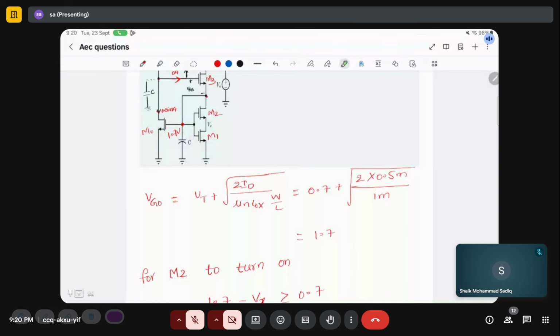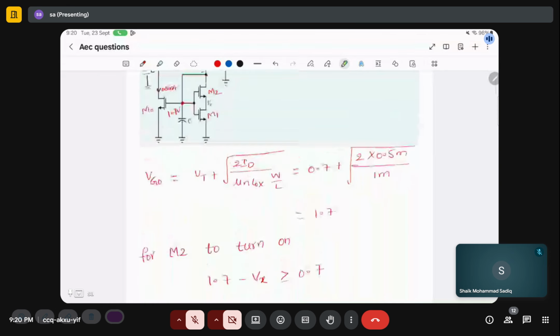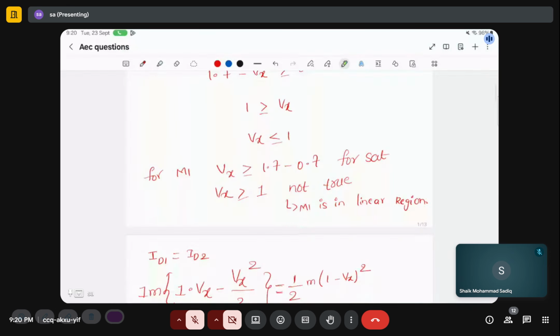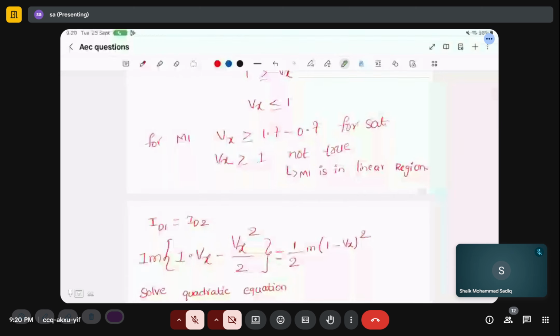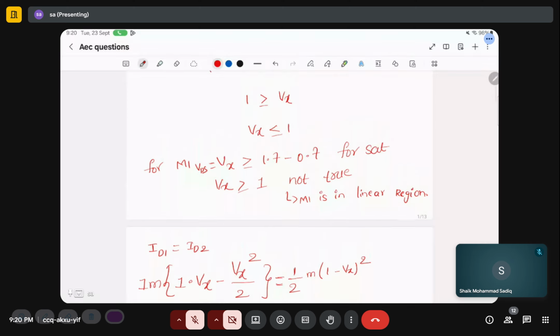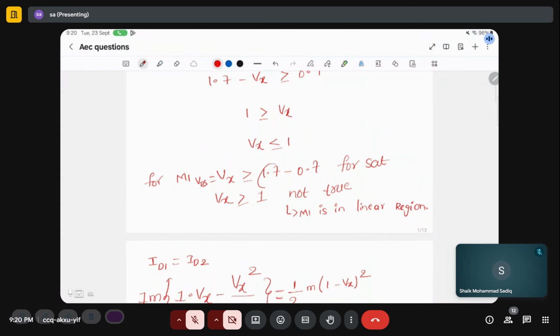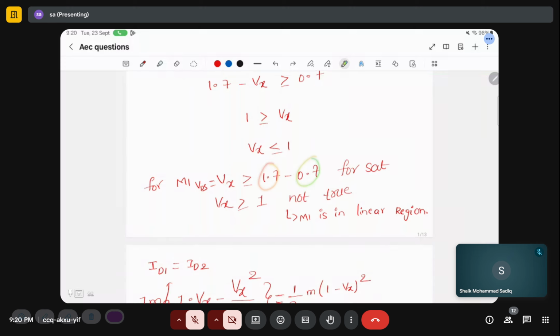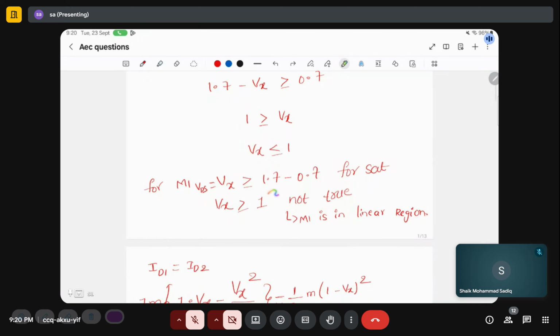For M1 to be in saturation, it has to satisfy the second condition: Vx should be greater than or equal to VGS minus VT. Here, Vx is nothing but VDS for M1. VGS is 1.7 volts and VT is 0.7 volts, so Vx should be greater than or equal to 1.